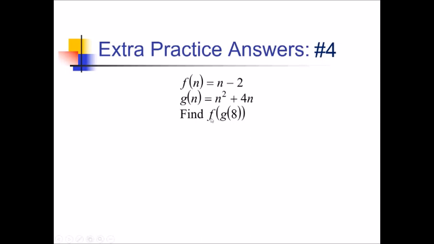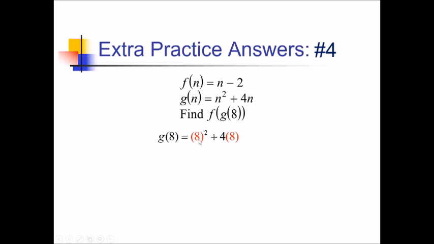On this one, we're doing f of g of 8. So I have to start by finding the value of g of 8, and then whatever that is, I'm going to turn around and plug that into the f function. So first, g of 8, that's going to be 8 squared plus 4 times 8.